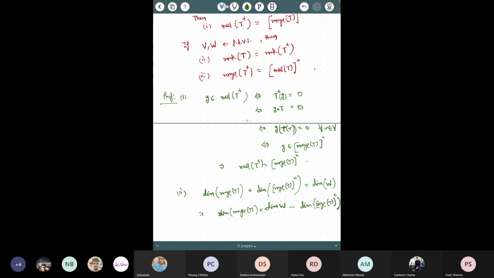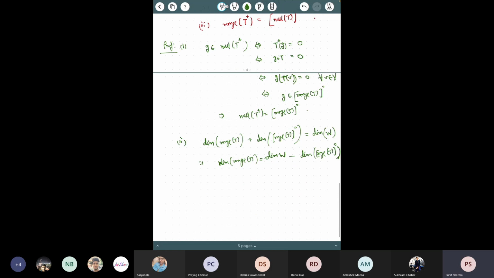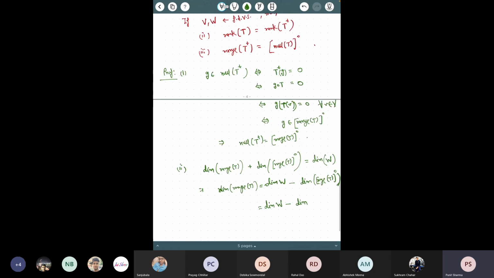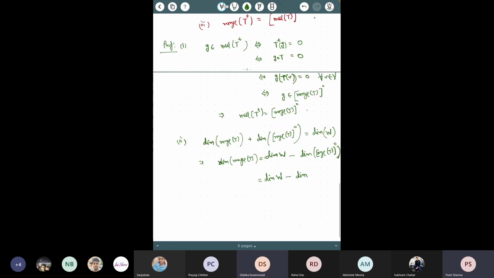But then from the above result, what is it? Dimension of W minus dimension of the annihilator of range of T is the same as the null space of T transpose, right? So it's the null of T transpose.